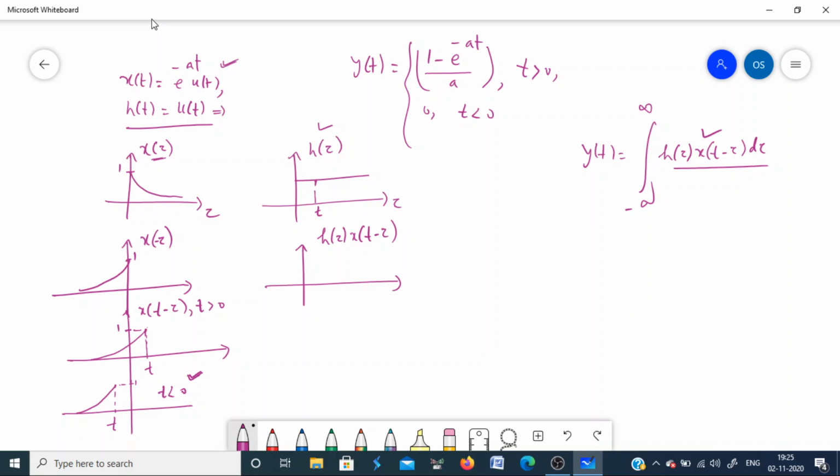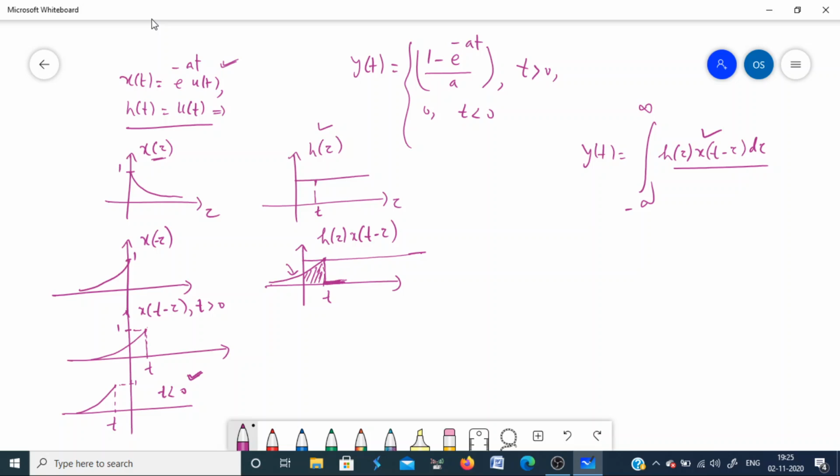You have one function like this, the second function is like this. This is u(t), this is x of t minus tau. If you multiply them, you will get this as the common or overlapping region. Beyond this, it is 0 because x of t minus tau beyond t is 0.